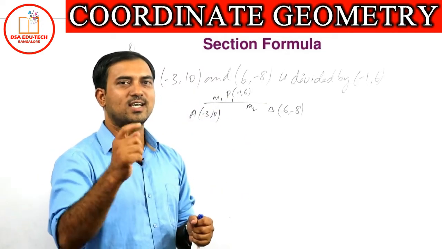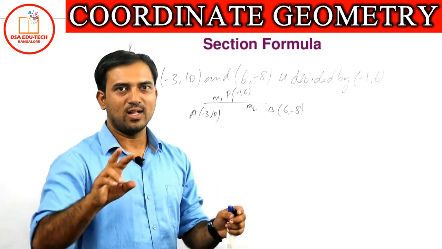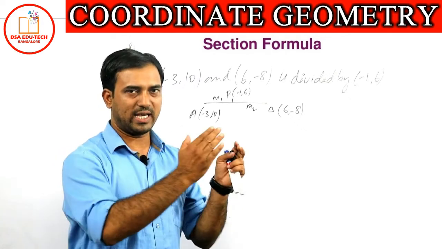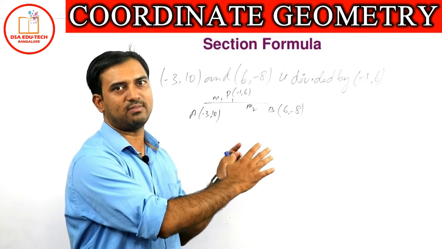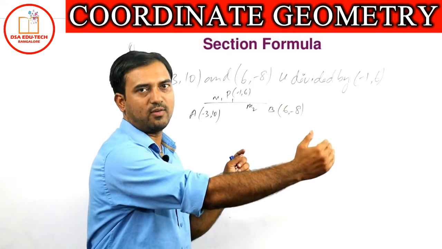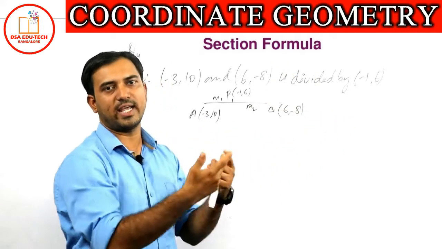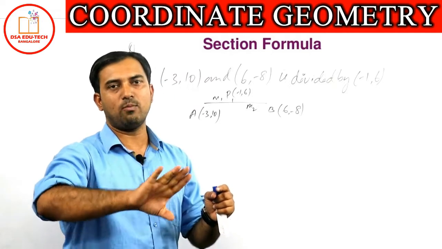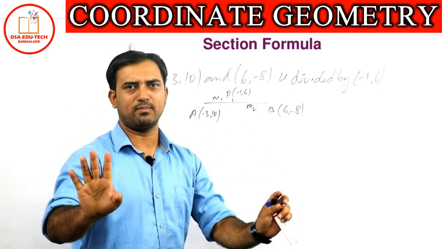The reason is that the ratio doesn't change. Though the point values change, the ratio remains the same, m1 is to m2, simple meaning.